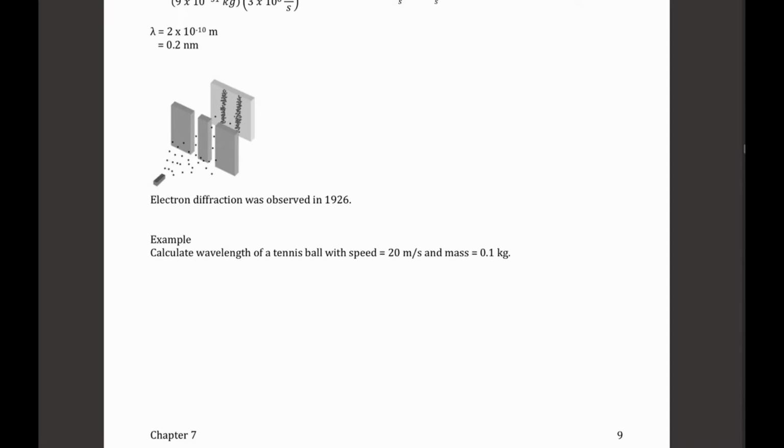It's a macroscopic object, and its wavelength is so small as to be completely negligible and insignificant. That's because of its large size and its slow speed. Whereas an electron is in the microscopic world, we cannot see it with our naked eye. It is so very tiny and moving so fast that its wavelength is not insignificant.